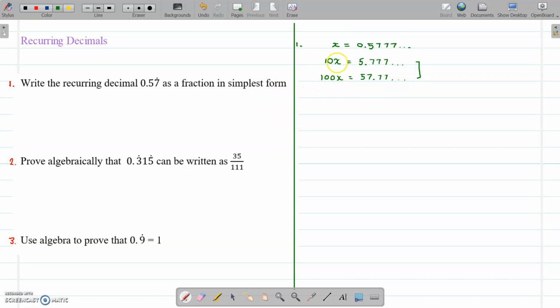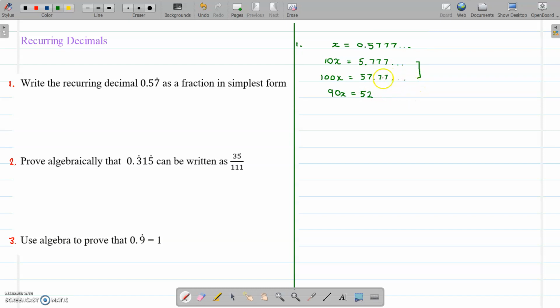So 100x take away 10x gives me 90x, and on the other side, 57.777 minus 5.777 will just give me 52 exactly. So there's no recurring parts to deal with anymore. Now there's a simple equation to solve.